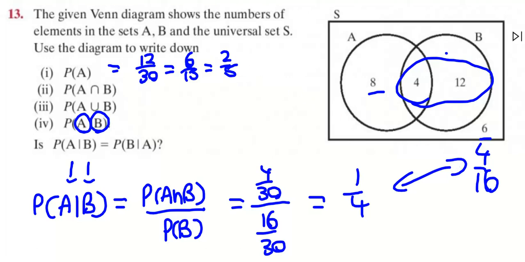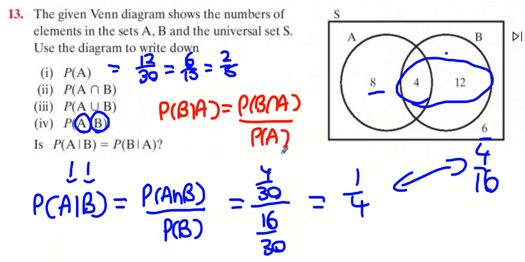Okay, now we're going to do the opposite way around this time. Probability of B given A. What do we need to do with the letters? Just interchange them. Now, if you want this context done on the board, it's really easy. What's the probability he does B, given that he already does A?